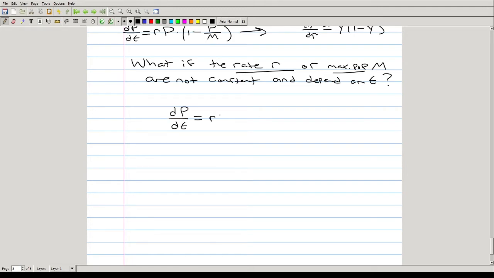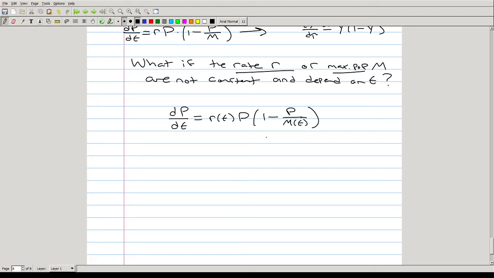It is r of t, some function of time that we have to determine, multiplied by 1 minus p over m of t. And you could ask, how do we solve this differential equation?